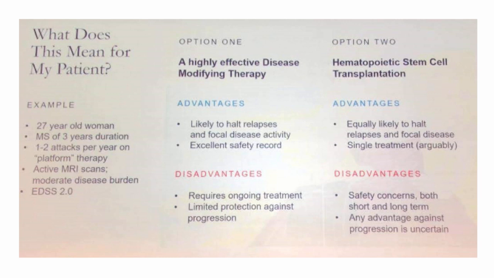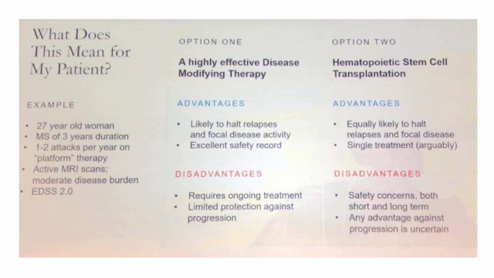The disadvantage with the DMT is that you require ongoing treatment, and there seems to be limited protection against actual disease progression. So you may get rid of the inflammation, but you may not tackle the progressive disease. But the disadvantages of HSCT are the safety concerns, both short and long term, and any advantage against progression is uncertain. Yes, so people are breaking through 10 years after receiving an HSCT protocol.